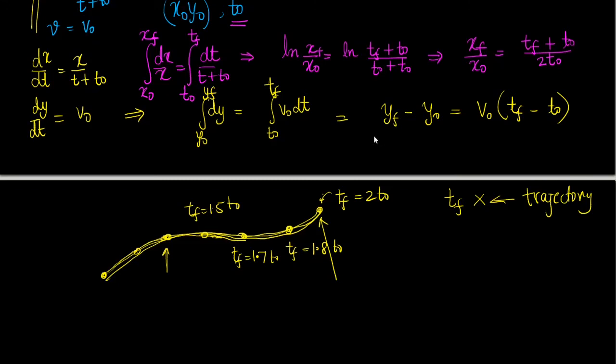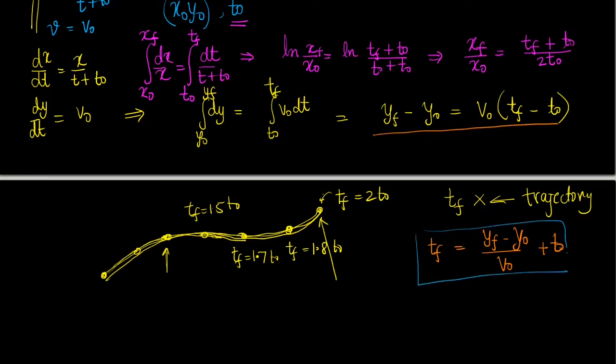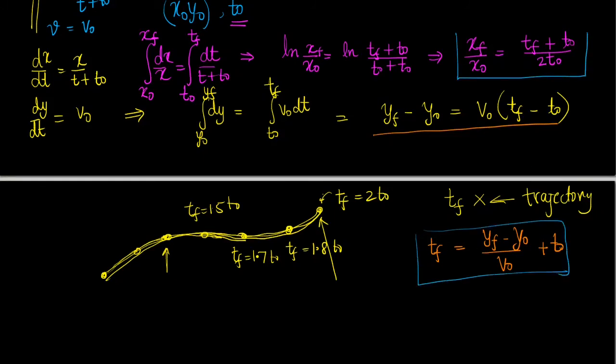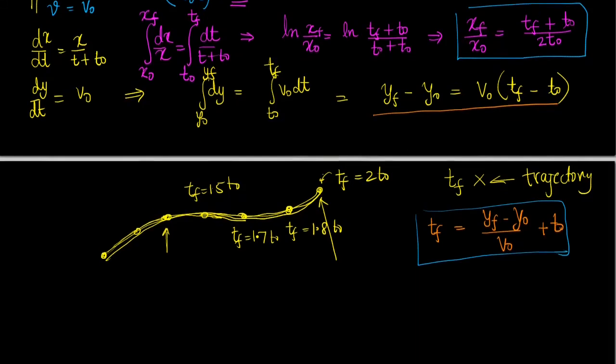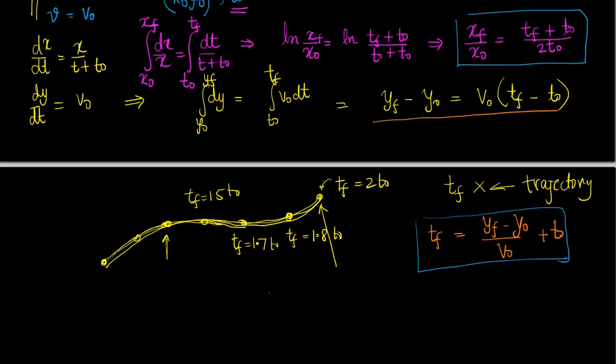So let us write down tf in terms of the other parameters. So tf will be equal to yf minus y naught divided by v naught plus t naught, and this particular value of tf we can substitute in this particular expression. So we have xf upon x naught.